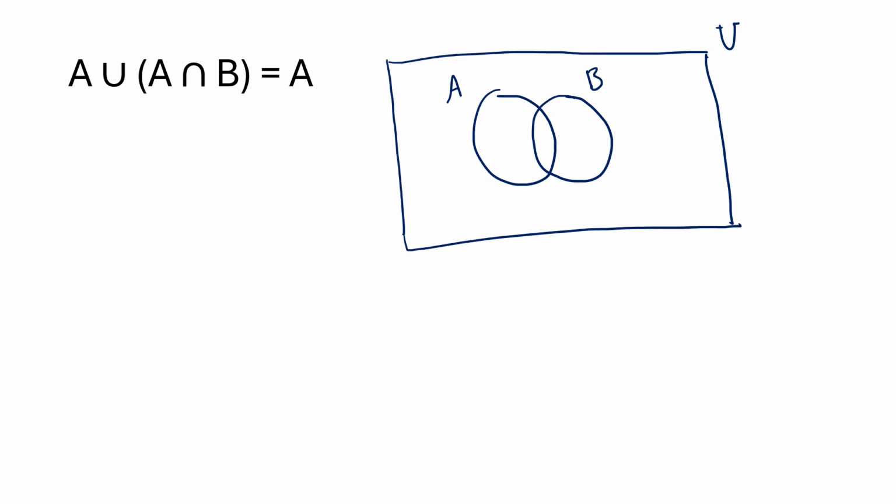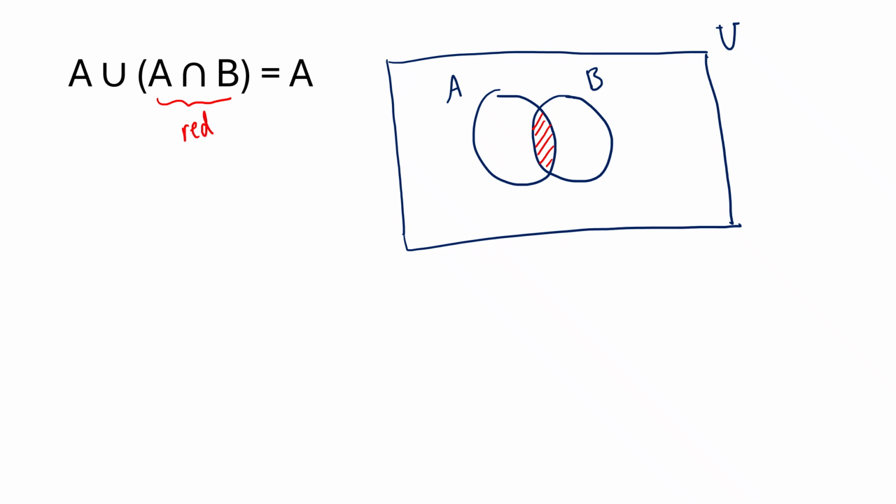Let's first figure out where A intersection B is. If you remember, the area that is common between the two, or the overlap, is the intersection. So this is the red area.